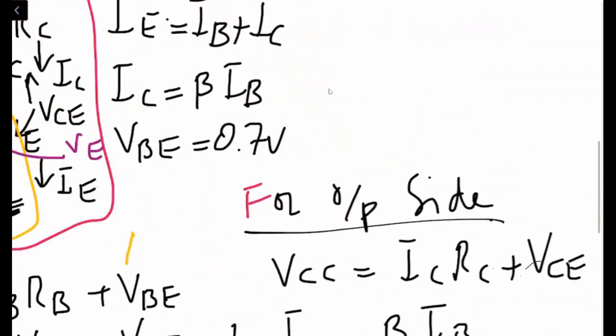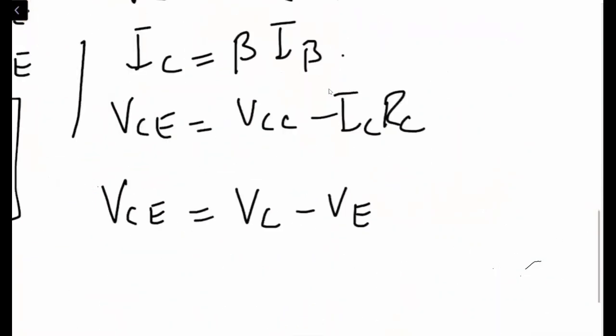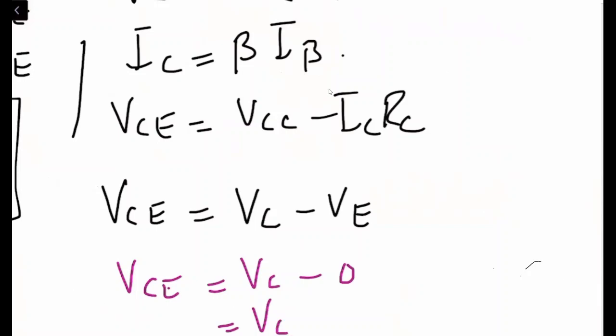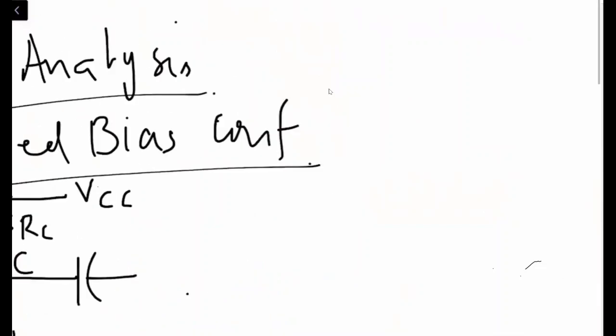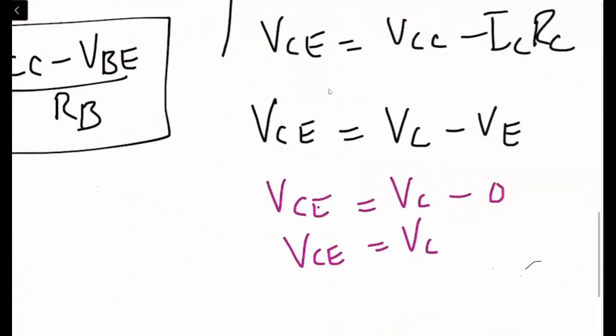So VCE is equal to VC minus VE, but because the emitter is directly connected to ground, at 0 potential, VCE is equal to the potential we are getting at the collector of the circuit. Are you with me?